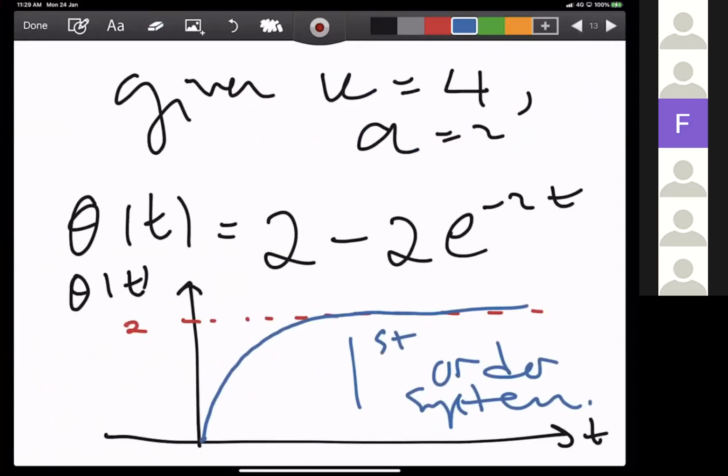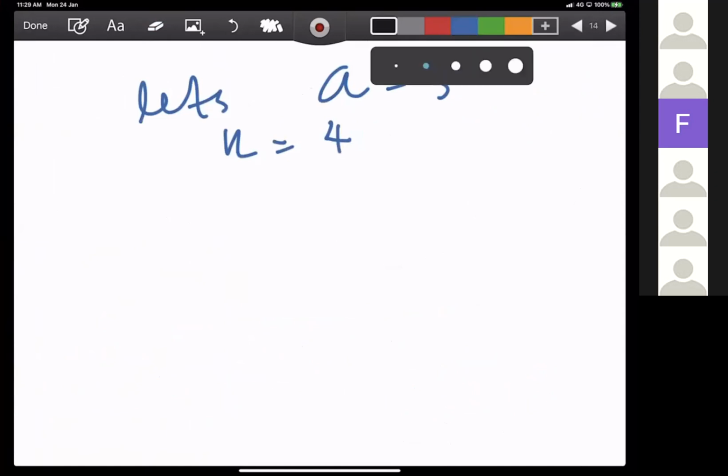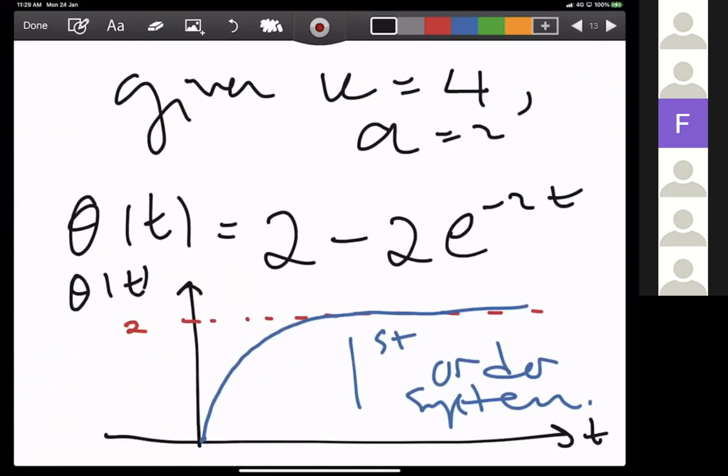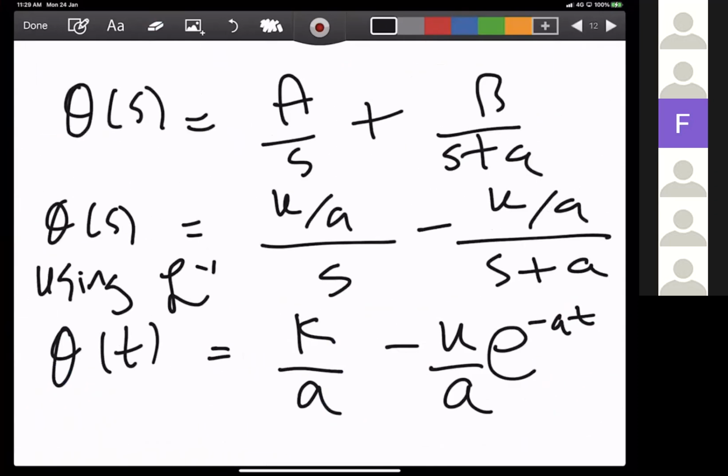So theta(t) becomes what? Nur Najwa? 4/5 minus 4/5 exponent power of negative 5t.